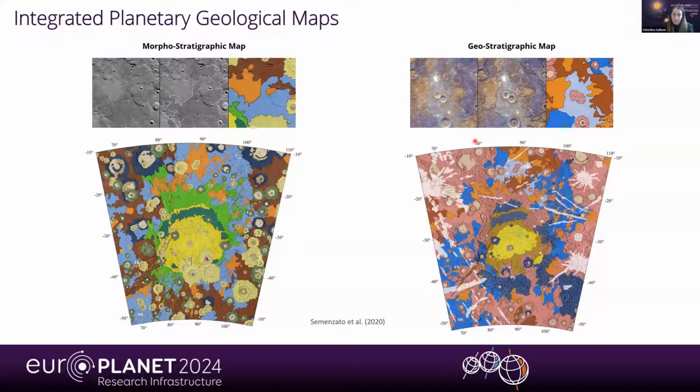And in one of the latest papers available, I think from Wright et al. 2020 or 21, I can't remember, the morphostratigraphic units can be subdivided into subunits based on colors. So this is a decision that has to be taken in advance, depending on the science questions and science rationale behind your map.